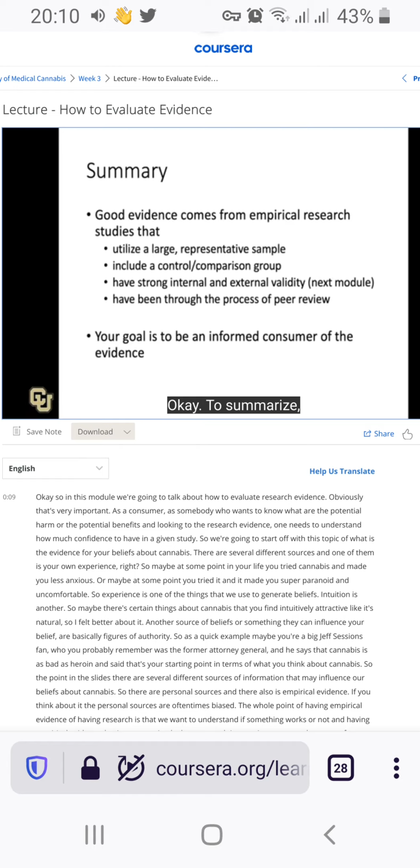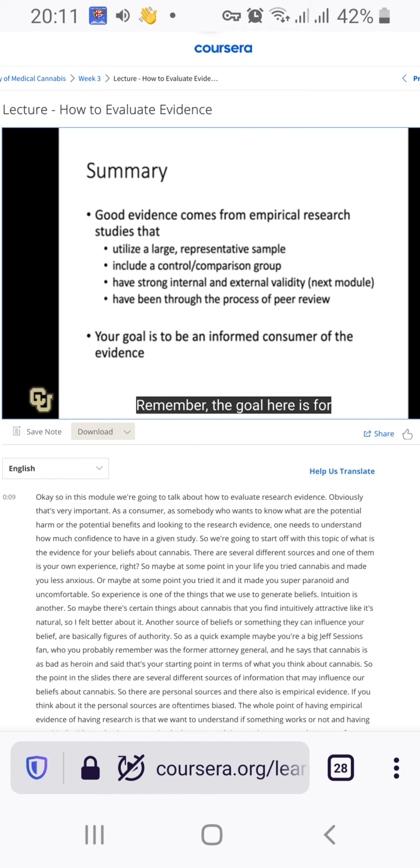Okay, to summarize, good evidence comes from empirical studies that utilize a large representative sample, include a control or comparison group, have strong internal and external validity, which we're going to talk about in the next lecture, and have been through the process of peer review. So in this next lecture, coming right up, we're going to dive into the details a little bit more in terms of what makes a strong study.